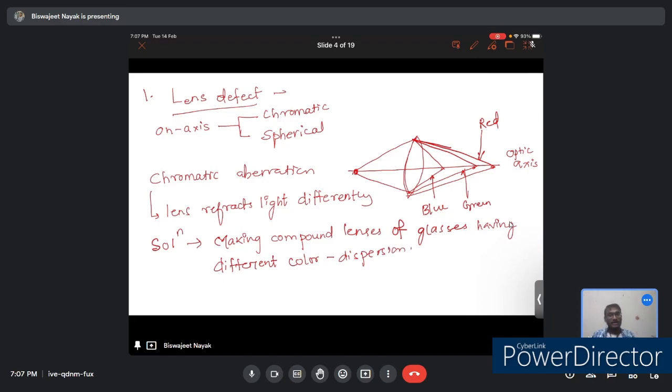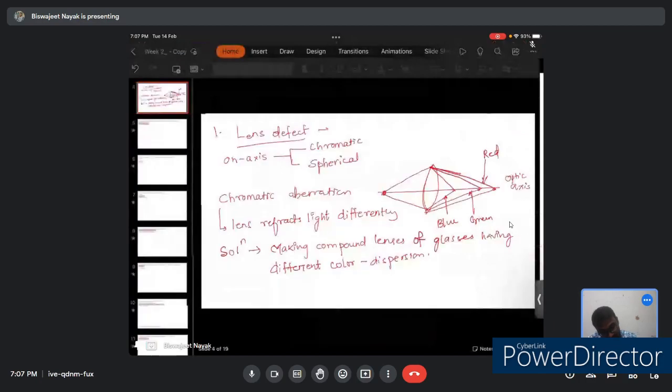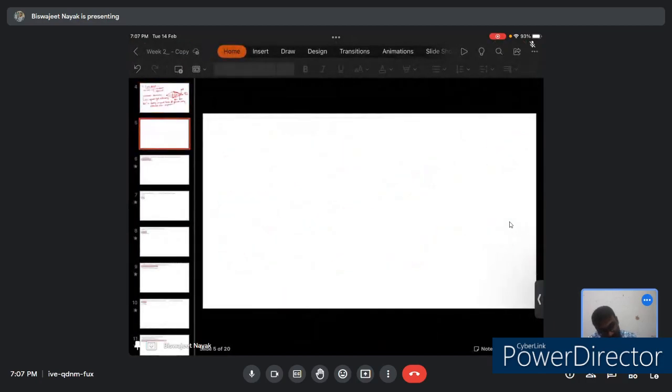And another solution which Sir has also mentioned in his slide is by taking different glass types. Let's say we take two glass types, crown and flint glass.